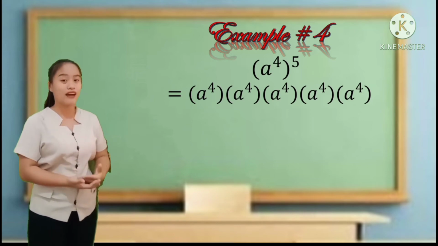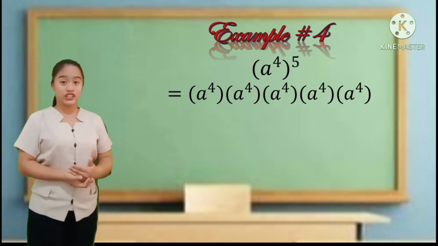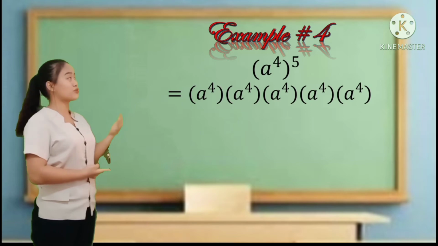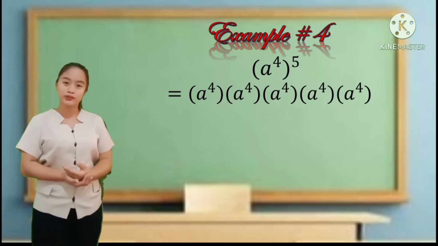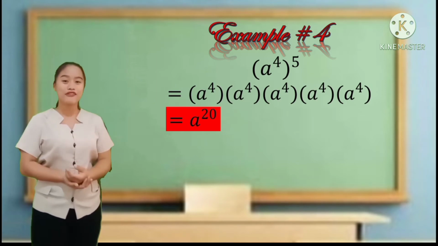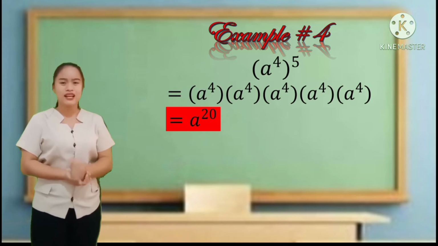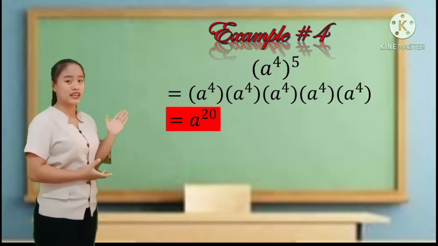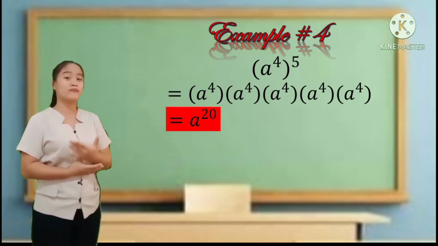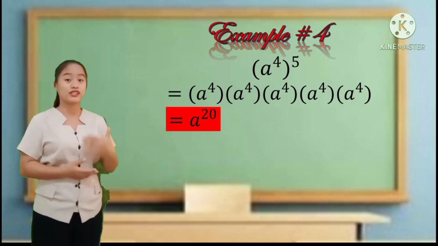A. Okay, so we have letter A. So we will just add all the exponents of letter A. So we have 4 plus 4 plus 4 plus 4 plus 4 is equal to 20. So the solution is a raised to 20. Okay, but class, if you can see, it is very long to solve a raised to 4 raised to 5 when you use the expanded form.